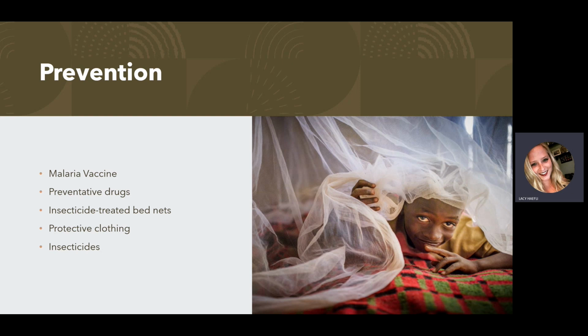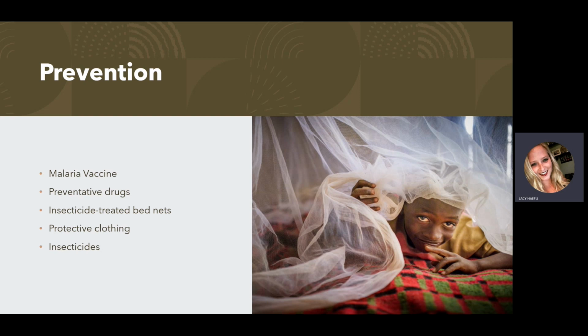And then they can also do indoor residual spraying. So what is that? Well, indoor residual spraying involves the coating of walls and other surfaces of a house with a residual insecticide. So this is effective for several months and works when the insects come into contact with the treated surface.